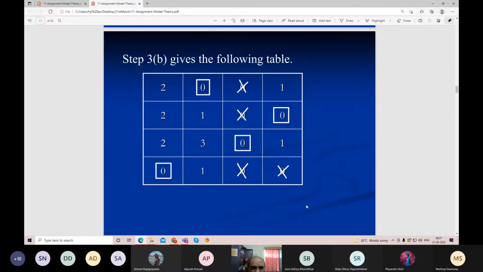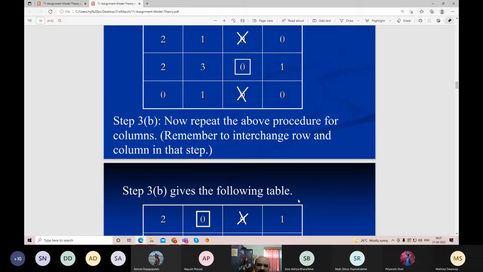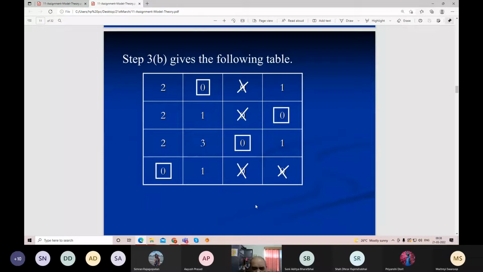And finally, you can see here, in the last row, there is 1 zero. We are assigning that 0. And as a result, this is our complete assignment. So what is the solution here? First worker is assigned to the second job.